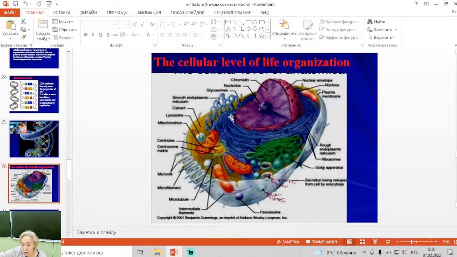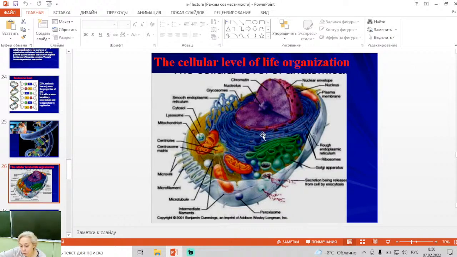In the center you can see the nucleus with chromatin and nucleolus. Around the nucleus you see a lot of cavities of endoplasmic reticulum. There are two types of endoplasmic reticulum: rough endoplasmic reticulum with ribosomes on the surface and smooth endoplasmic reticulum without ribosomes.